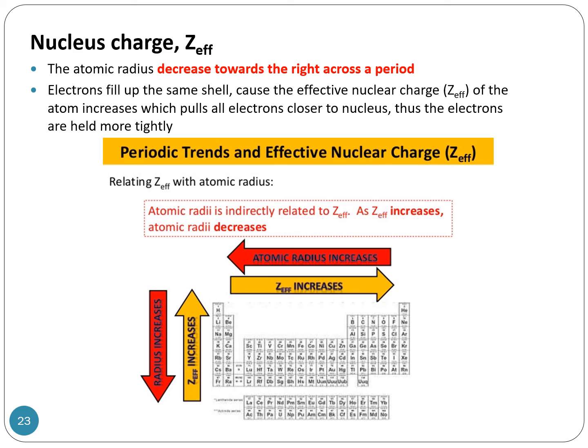Down the group, radius increases but Zeff decreases. Across the period, atomic radius decreases but the Zeff number increases.